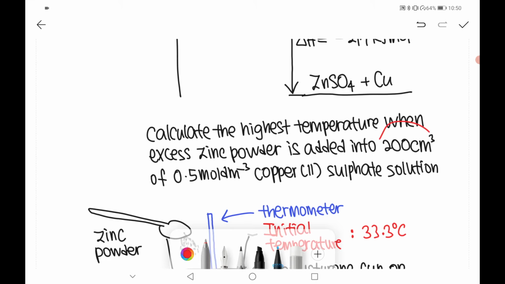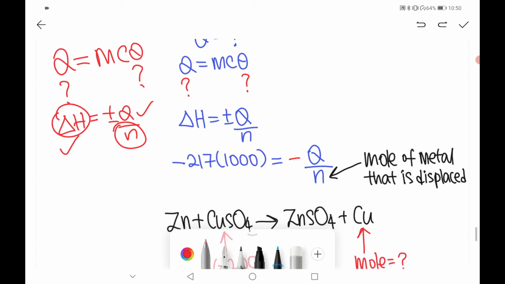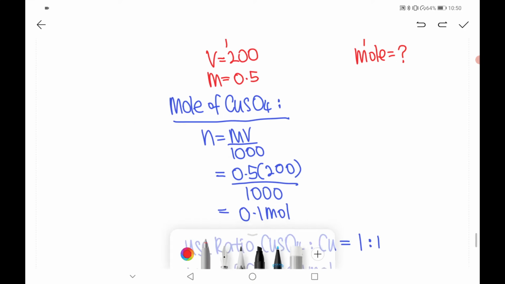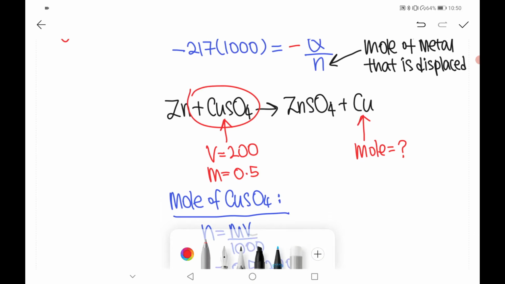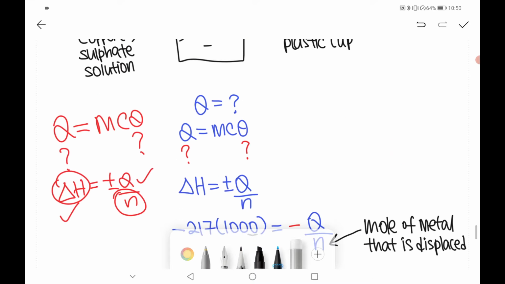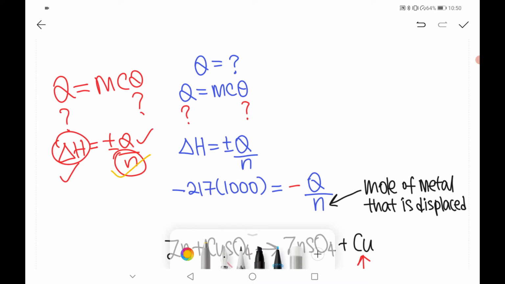I was given the volume and the concentration for copper sulfate. So I use n equal to MV over 1000 to calculate the mole of the copper sulfate. Once I know the mole of copper sulfate, I can use the ratio to find the mole of copper that I kick out. Then I can put it here and find the Q. Once I found the Q, I put it into the formula here.